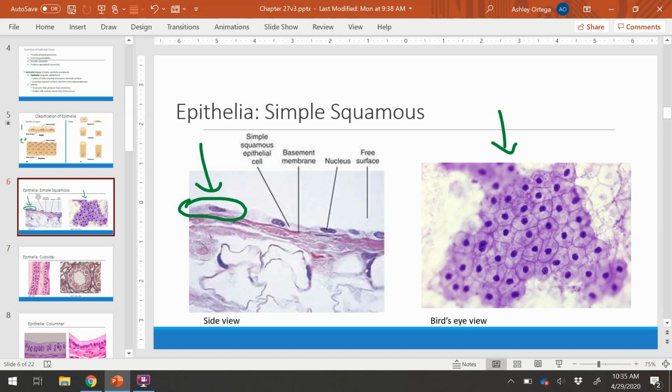Moving carbon dioxide and oxygen into and out of the blood inside the lungs is important, as well as to the blood vessels to the rest of the body. And so simple squamous will be found in the lungs, and the blood vessels like the capillaries will have these simple squamous cells lining the capillaries and other regions.